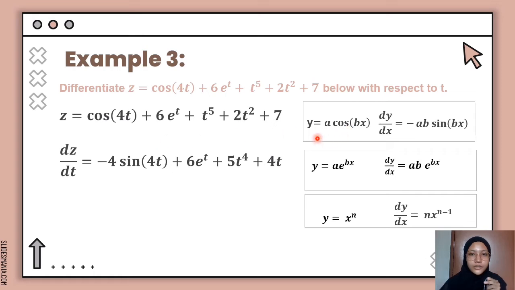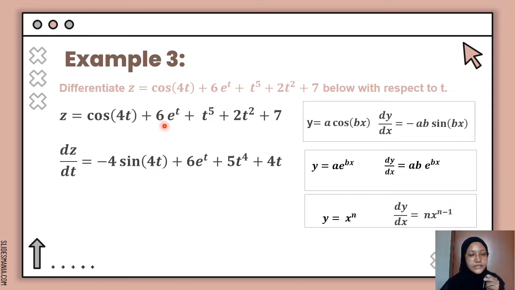Okay, we use this formula, which is y equals a cos bx. a is equal to 1, b is equal to 4, and for the derivative we will use this formula, which is negative ab sin bx. So we will get the derivative equals negative 4 sin 4t.